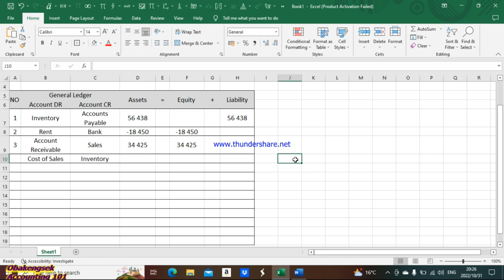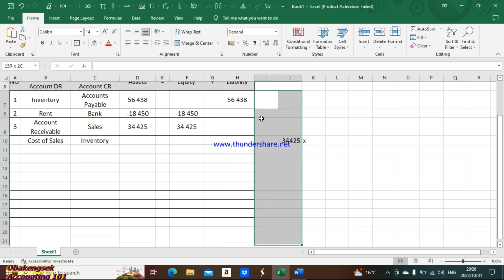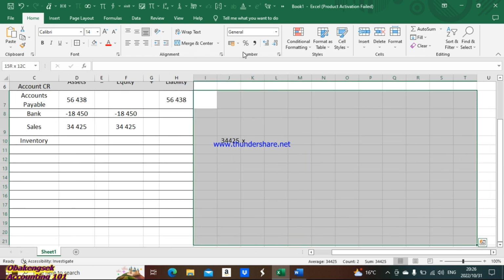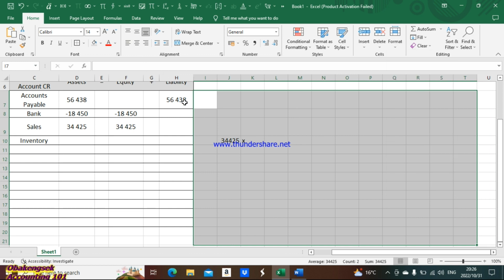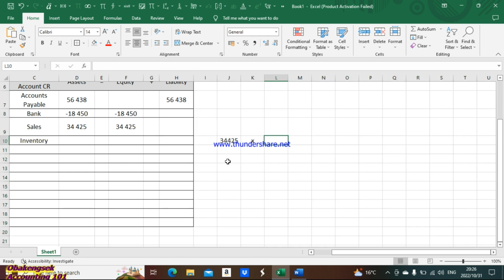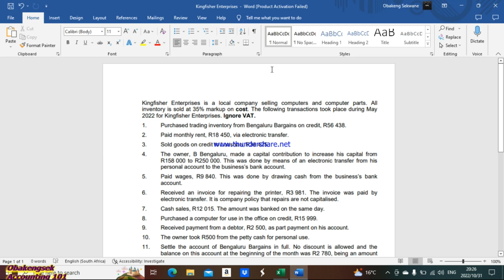So now to calculate our cost of sales, I'm going to do it here on the side. It's going to be 34,425 multiplied by, okay, our markup is 35% on cost.